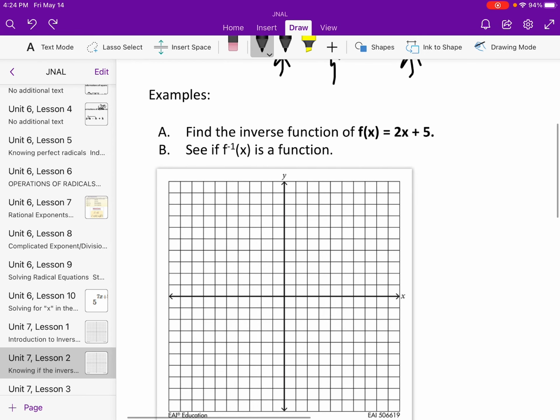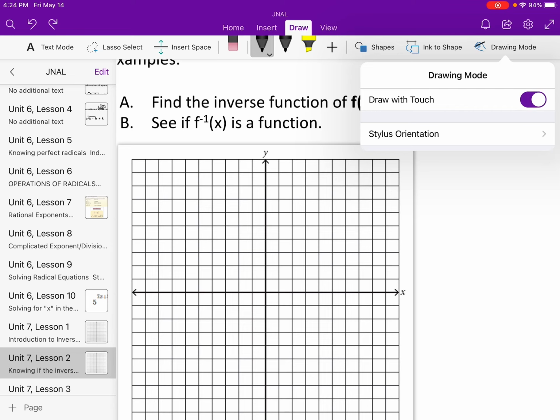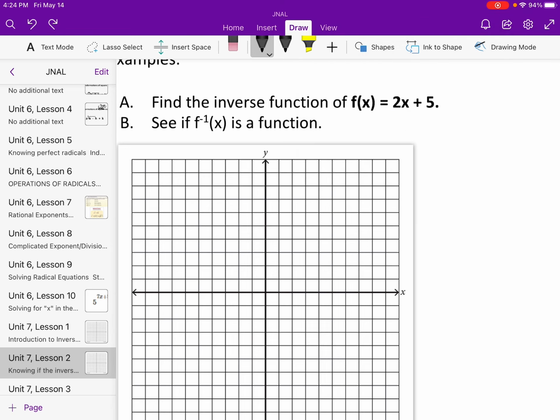To review, the horizontal line test and vertical line test just mean that you draw a horizontal or vertical line, and if the graph passes through the line 2 or more times, then it's not a function. So here's a horizontal line test.